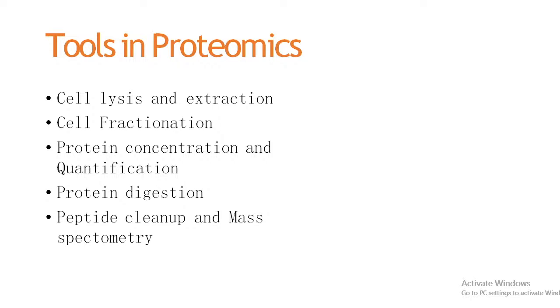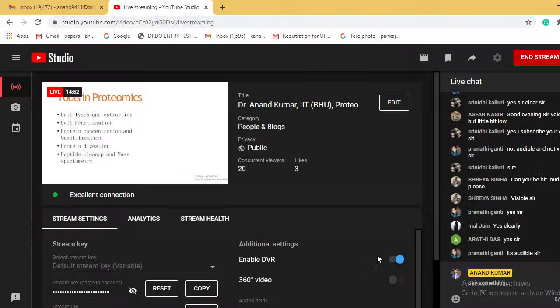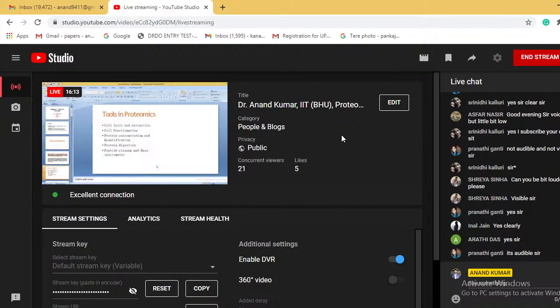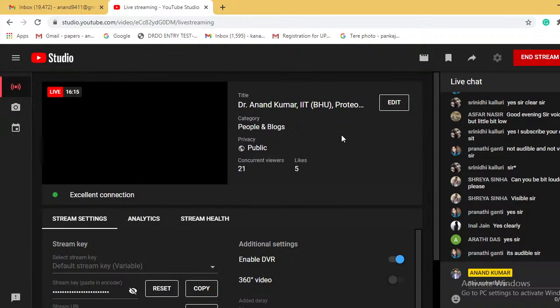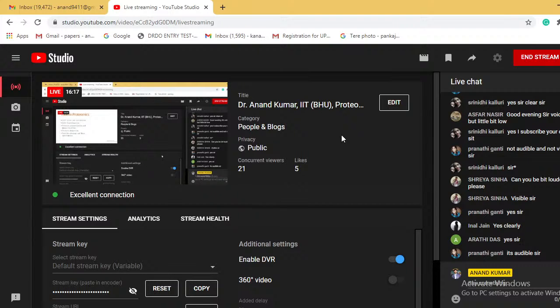You know about the lysozyme? How many of you know about the lysozyme? Please comment. Nobody knows.